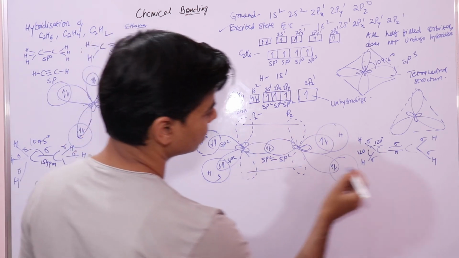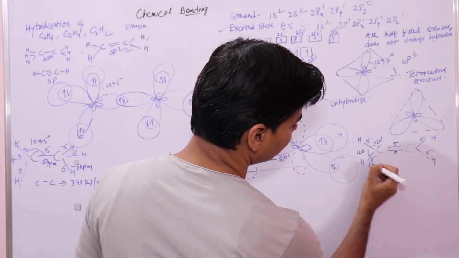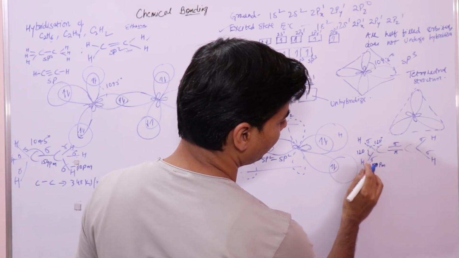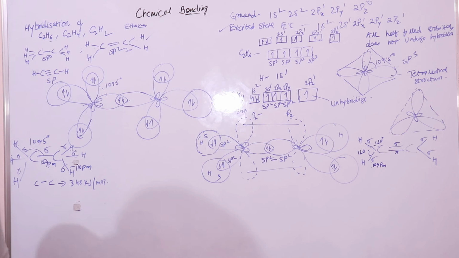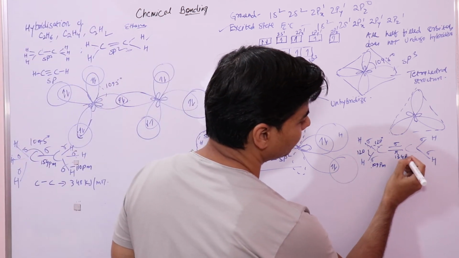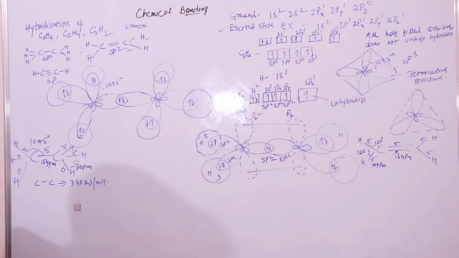If you look at this bond, it is 109 pm. Similarly, the carbon-carbon double bond length is 134 pm, because a double bond is shorter as compared to a single bond.